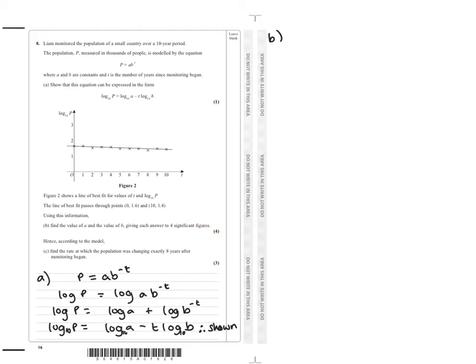Okay, let's think about this. Equation of a straight line, we all know y equals mx plus c. Our x is our t. So that means that our log base 10 of B is in fact our gradient, because what do we multiply x by? The coefficient of x is our gradient in the equation of a straight line, okay?